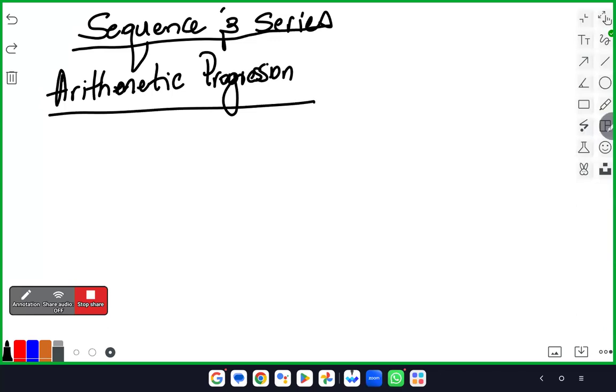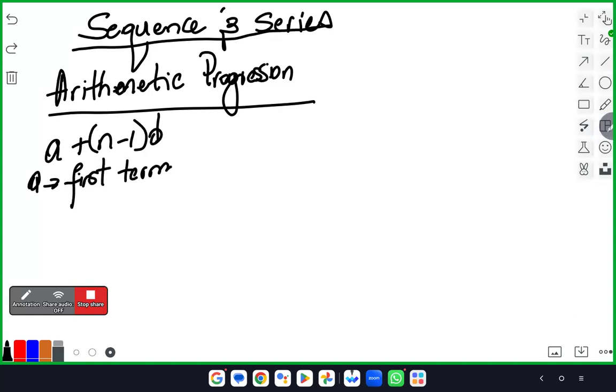The arithmetic progression is normally given by the general formula A plus (N minus 1) times D. Here, A is the first term in the series.